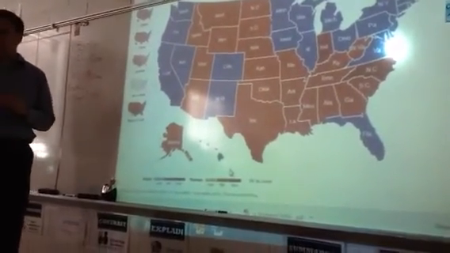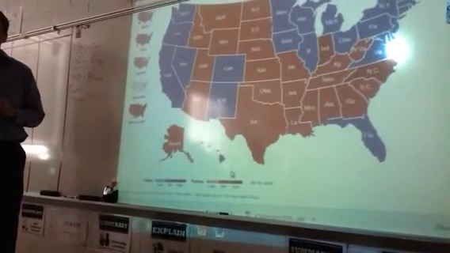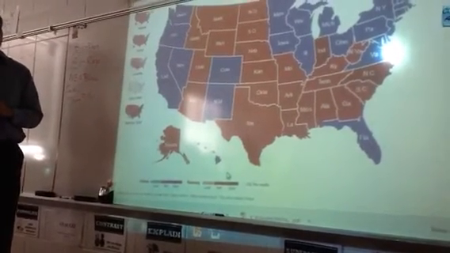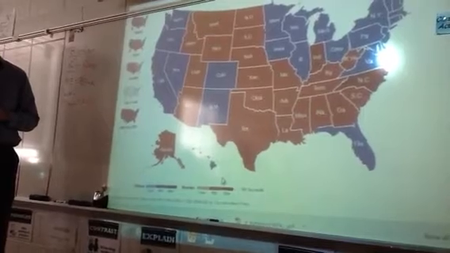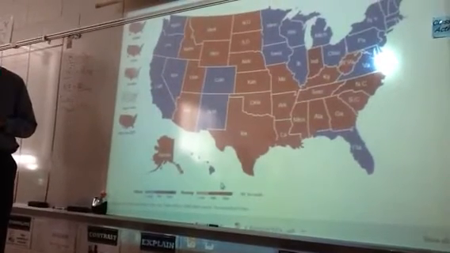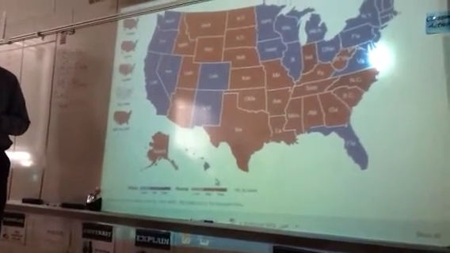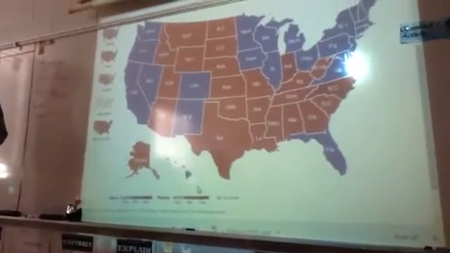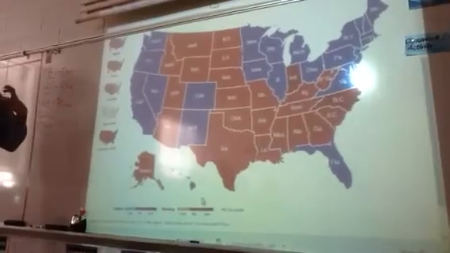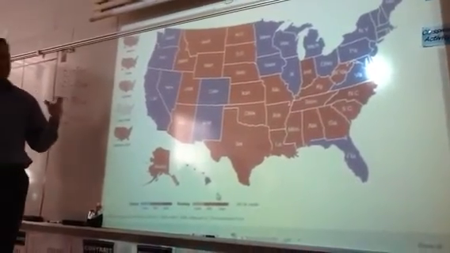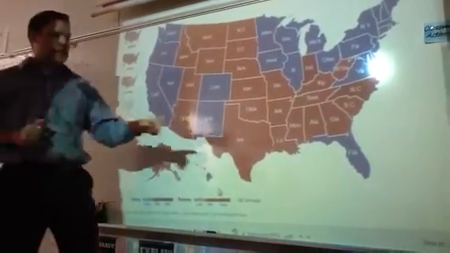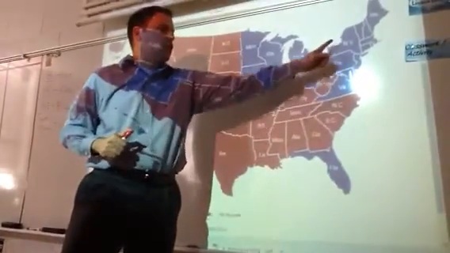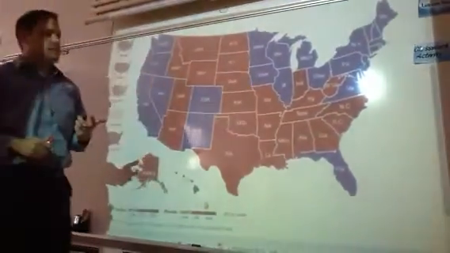Okay. The more populated areas like New York and California or Florida, they're more Democrat, and the more rural areas like Nebraska or Kansas or Texas are more Republican. Excellent. So in general, the higher populated cities or highly populated states tend to be more Democrat.